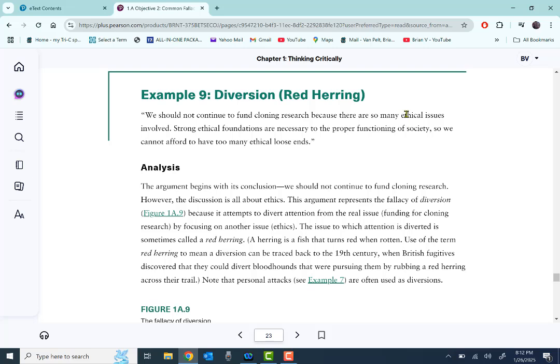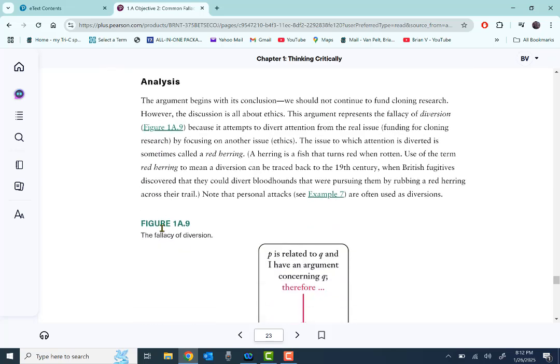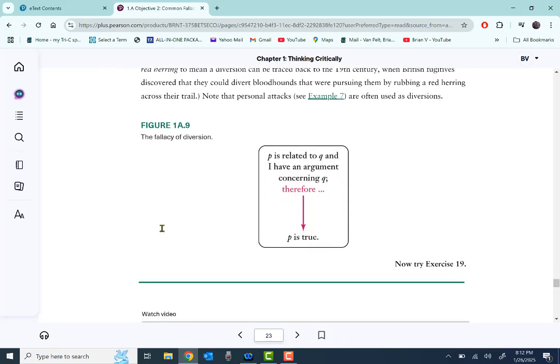Now, the cloning research may have ethical issues, but the funding of it, you either are going to do it or you're not going to do it. So they need to give a better reason why they're not funding it. Maybe they don't have the money, or they've decided to close the research group down or something along those lines. So here's what we have. We could say P is not funding and Q is ethical research.